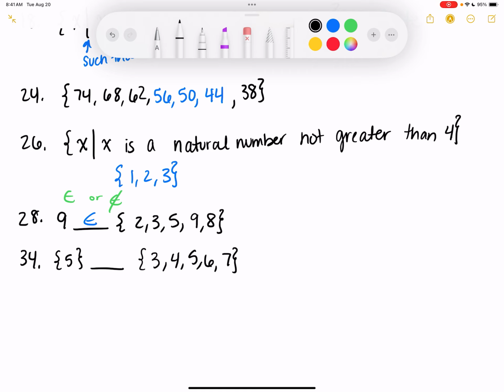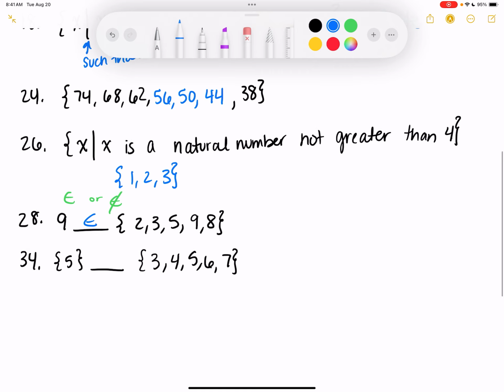Correct. It is not, because the set of 5 is not in that set. If that were to be the case, we would have to rewrite this as the set of 3, 4, the set of 5, and then 6, 7 if it was going to be an element of, but it is not. So normally I trick people with that one, so good job.